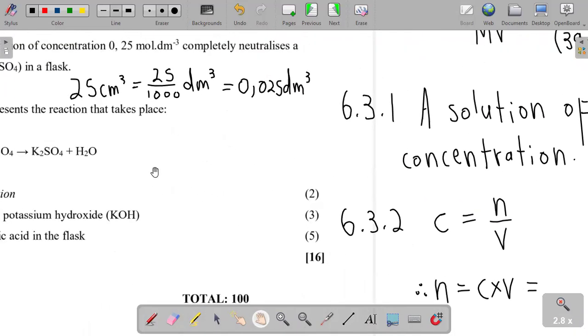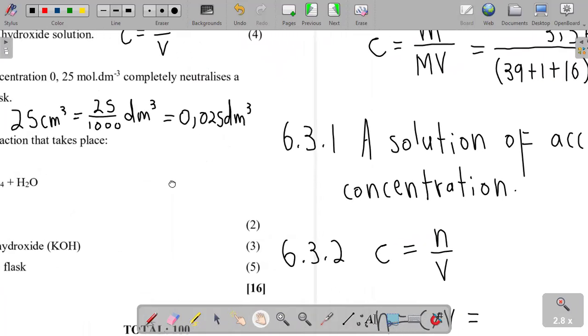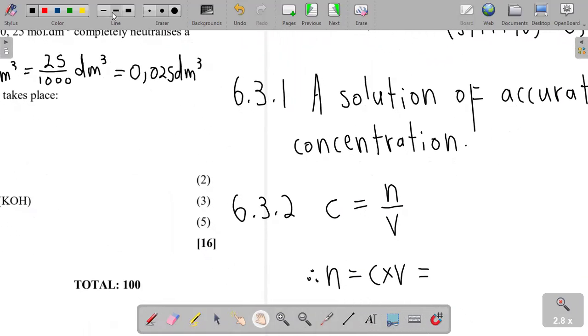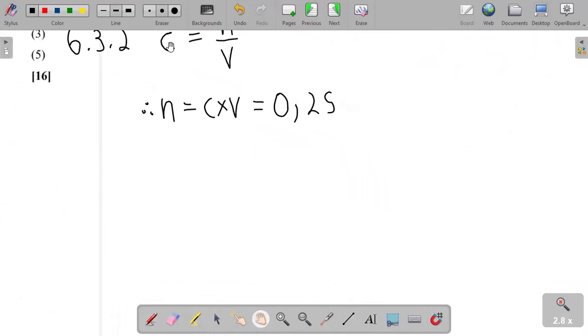And our volume is 0.025. So we have 0.25 multiplied by 0.025.